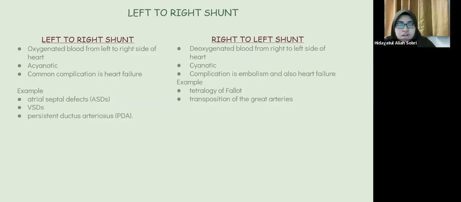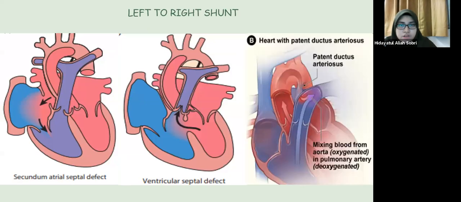So this embolus can go to other parts of the body, such as the brain, and cause stroke. The examples of left to right shunts are atrial septal defect, ventricular septal defect, and patent ductus arteriosus. And the examples of right to left shunts are tetralogy of Fallot and transposition of the great arteries. So I will explain about the left to right shunt.